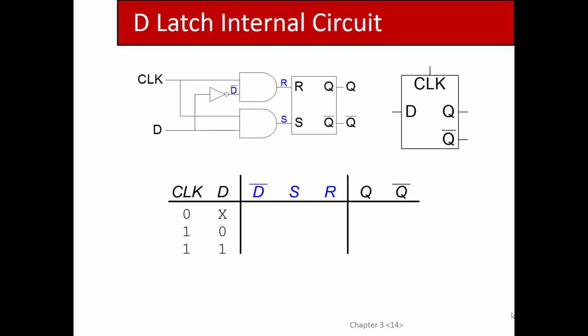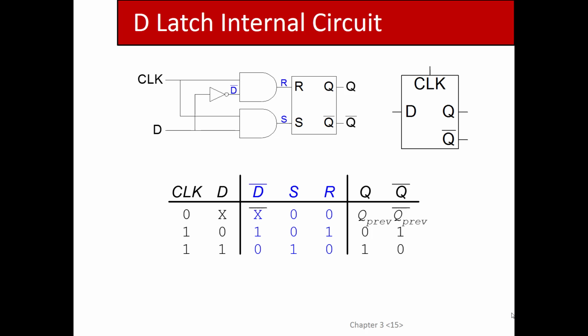Right. Okay. In fact, this truth table shows, when clock is 0, it doesn't matter what D is. It's a don't care, because Q will be the previous value of Q that was in there previous to me shutting down the clock, right?